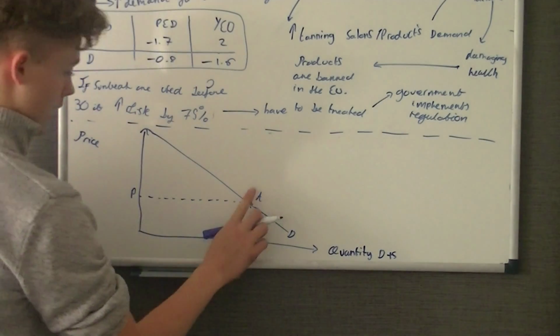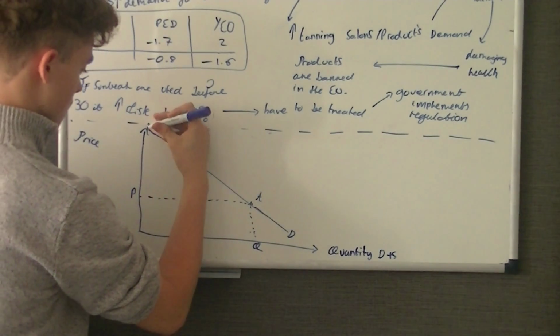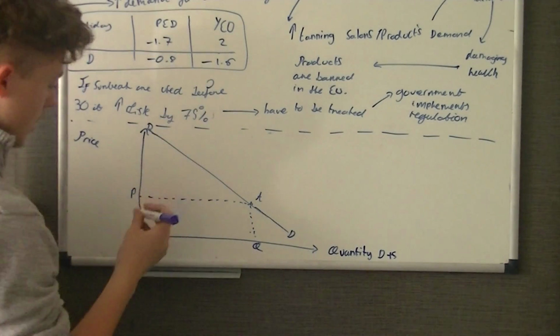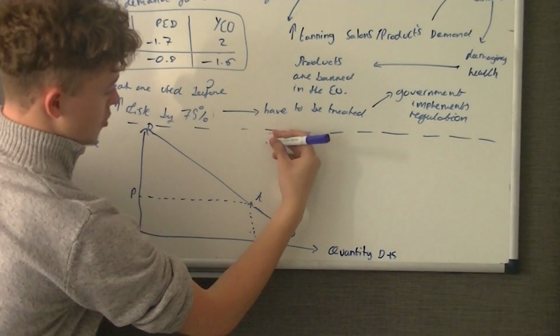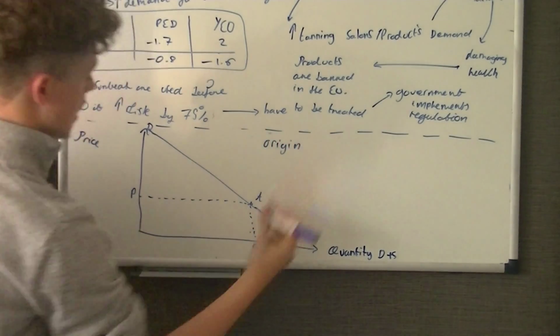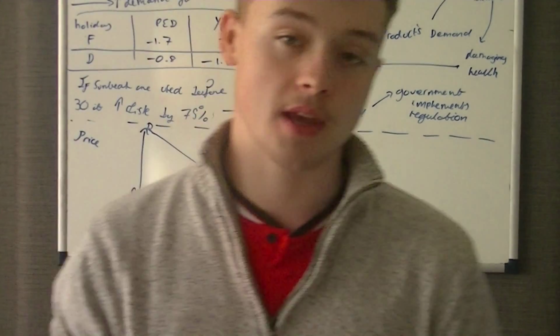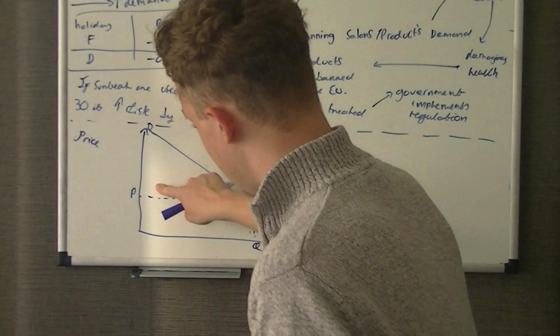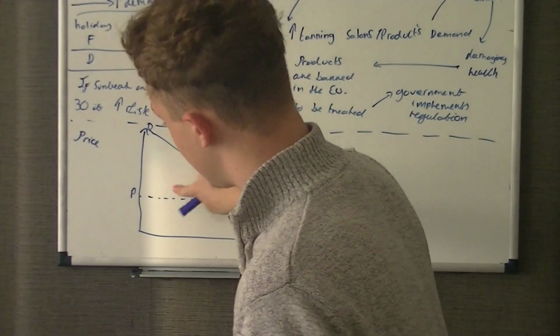So we'll call this D at the top, and before we draw another price line, we say original consumer surplus is the difference between the price line and the demand curve, and it's above the price line for this, so it's PDA. It's this section here.